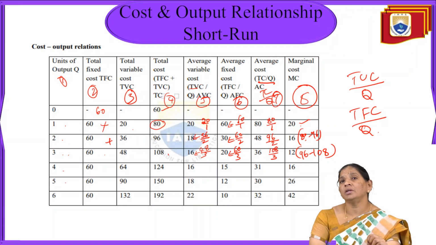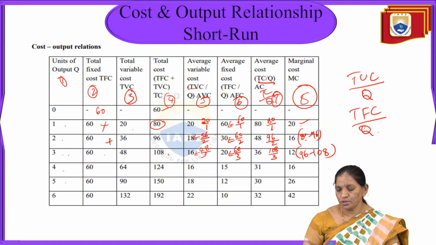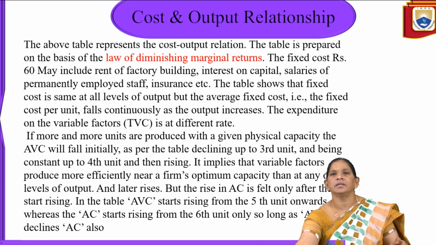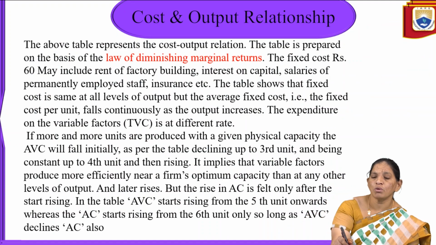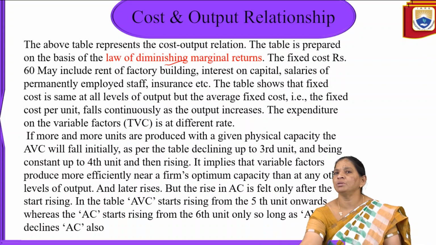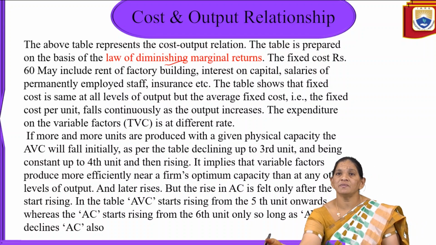For short run cost and output relations, we have already said that it is related to the production function, which we call the law of diminishing marginal utility. Already we have seen that for short run production it is the law of diminishing marginal utility, and for long run production it is returns to scale. Yes, sir.